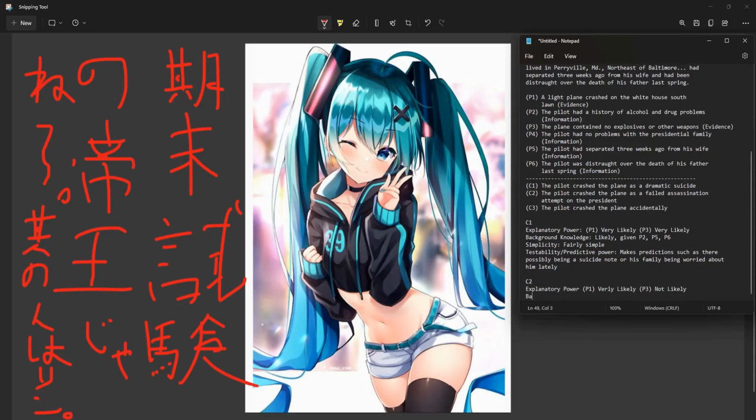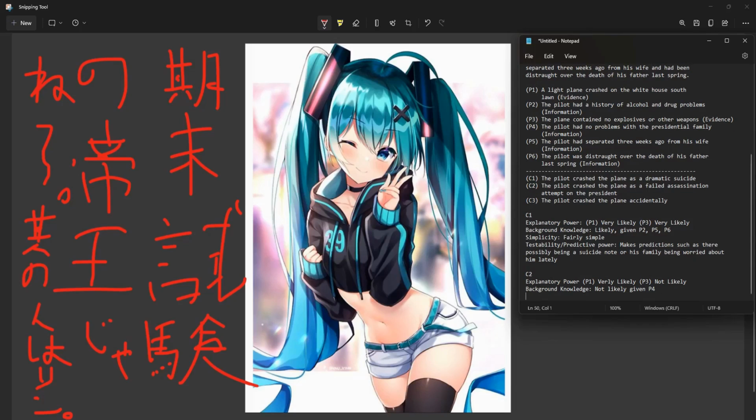Then we have background knowledge. Not likely, given P4. Then we have simplicity. Fairly simple.